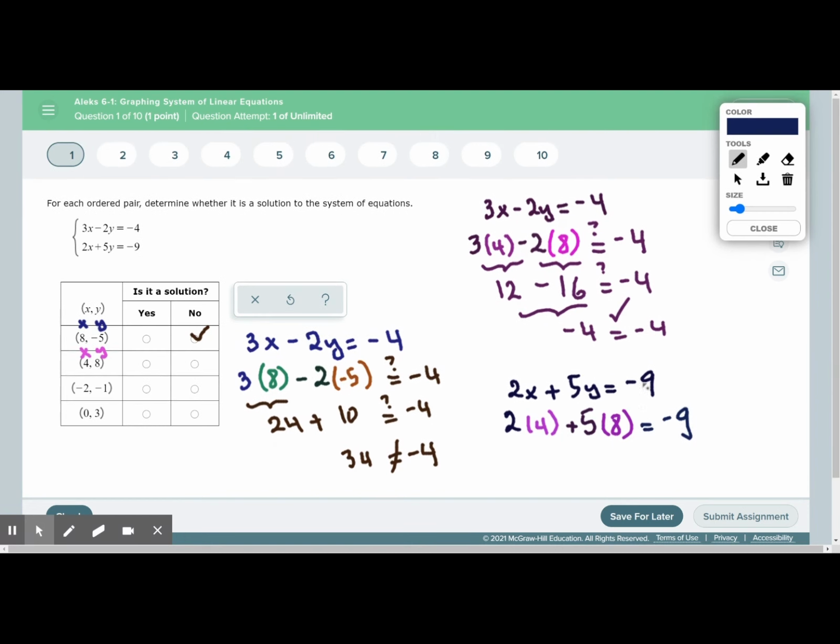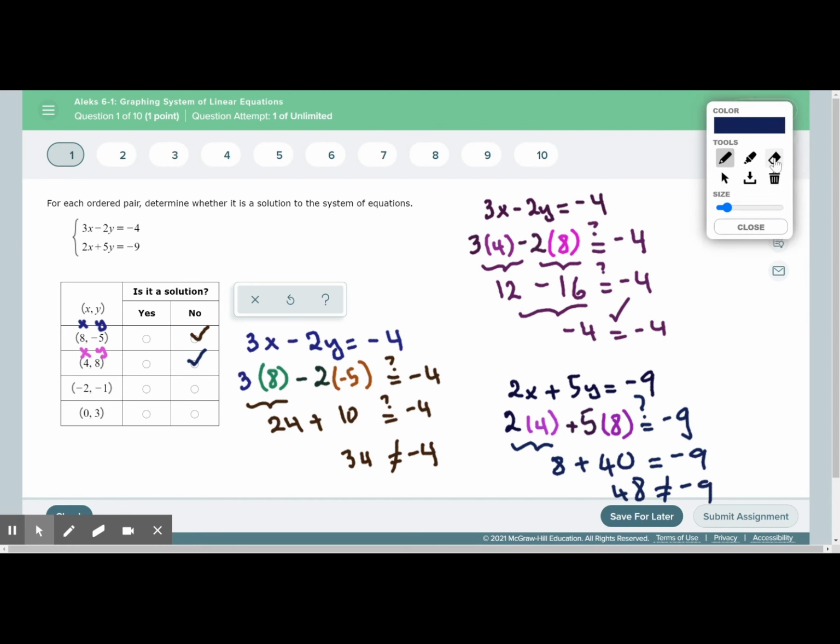All right, so are they equal to each other? 2 times 4 is 8 plus 5 times 8 is 40. There's no way it's going to be equal to -9. This is 48 and it's not equal to -9. So even though it passed the first equation, it failed the second one, it's still a no. That tells me that this point is on the first line, but not on the second line.